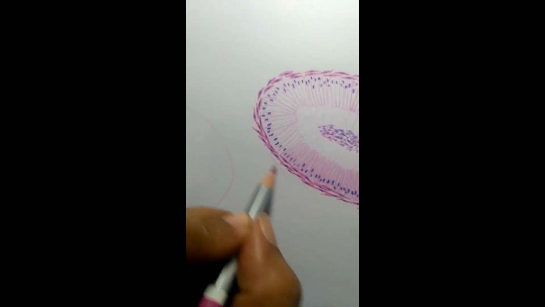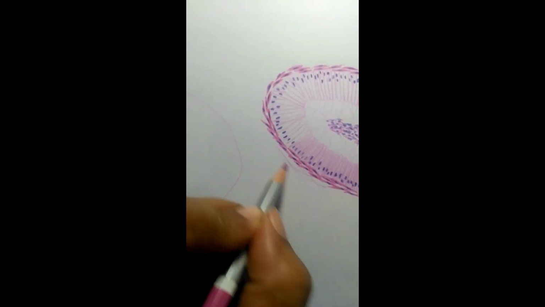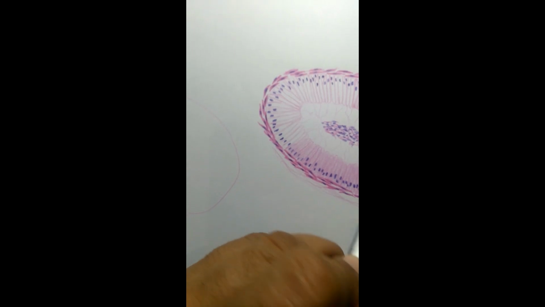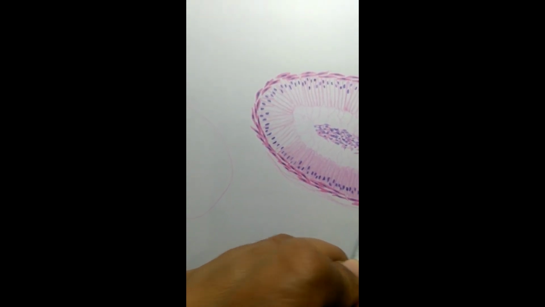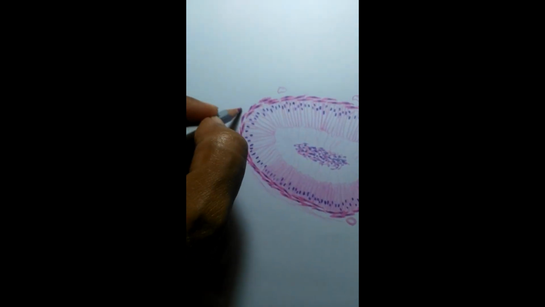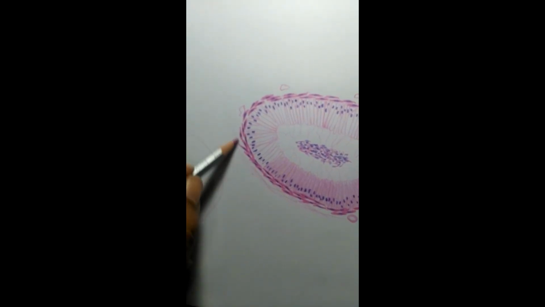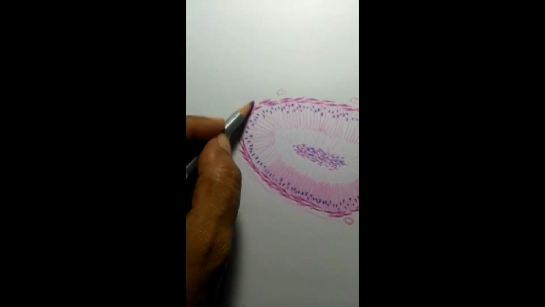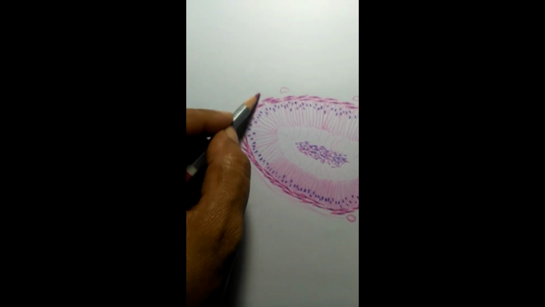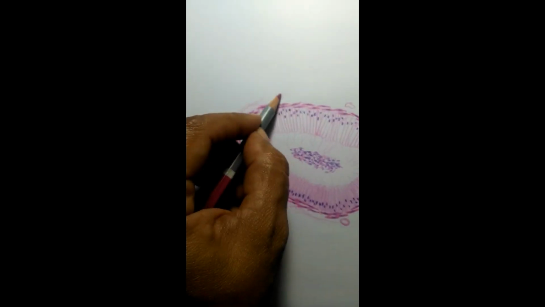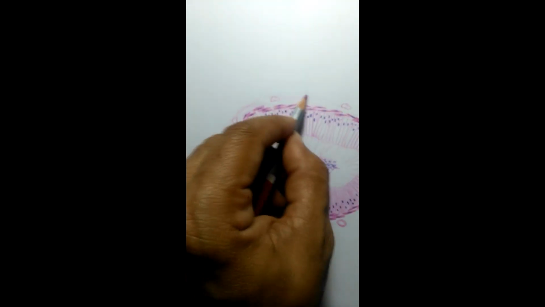Now I'm drawing the fibrous connective tissue, which is lying outside, with some blood vessels in the connective tissue. Fibrous connective tissue, irregular.